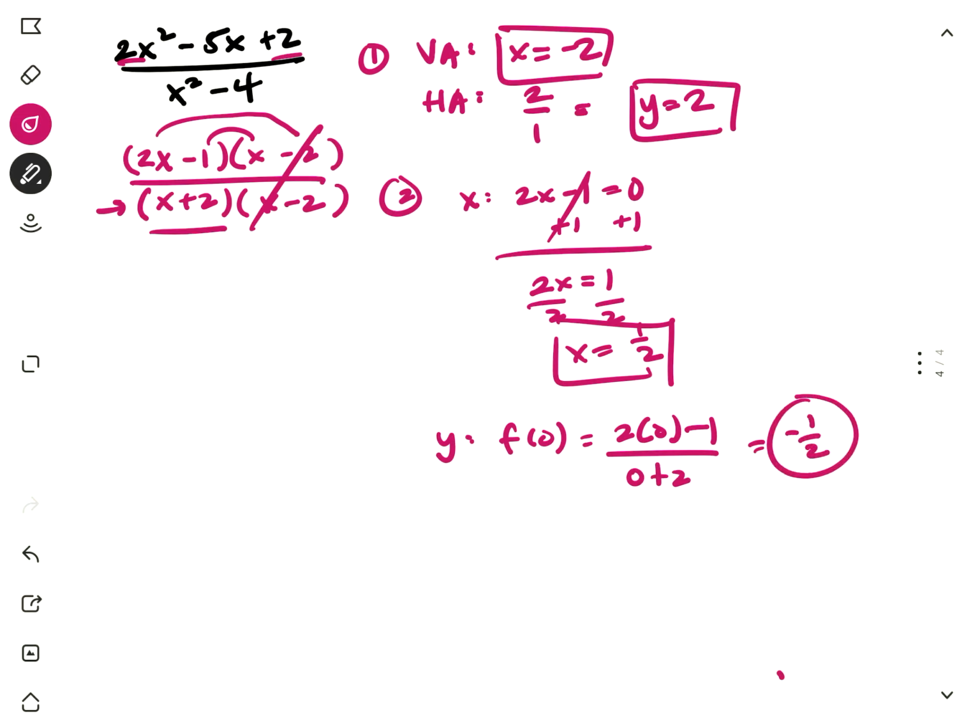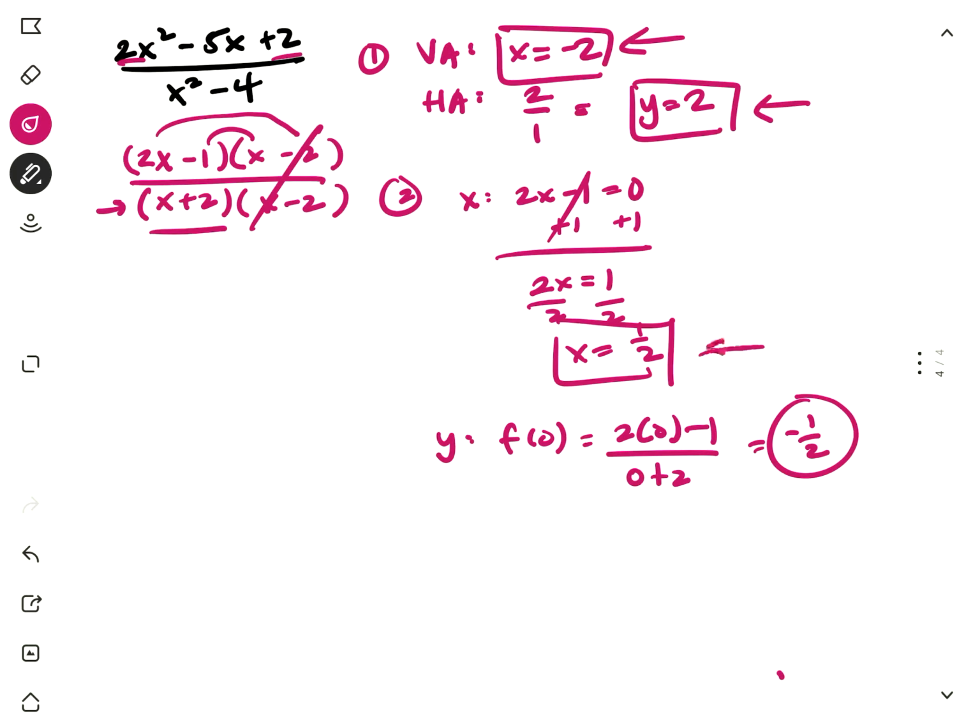Okay, so let's just check that we got all our stuff here. Vertical asymptote is x equals -2. Horizontal asymptote, y equals 2. We have one x-intercept, or zero, at 1/2. And then we have a y-intercept of -1/2.